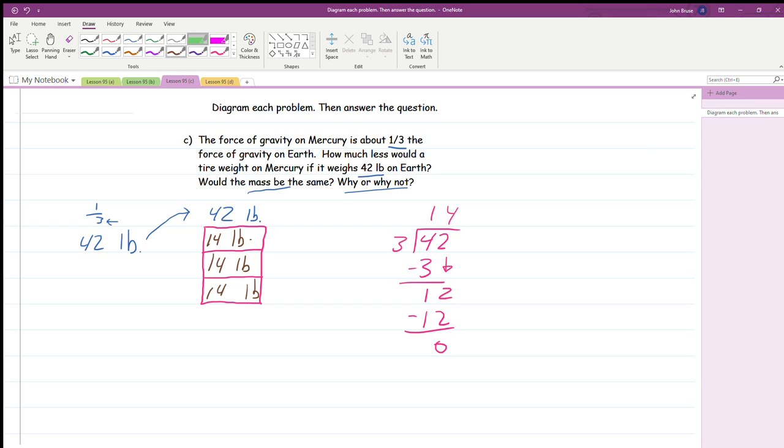So on Mercury, we just want one of these, 1/3. So on Mercury, we would weigh about 14 pounds. So let's go ahead and write that down. Mercury equals 14 pounds.